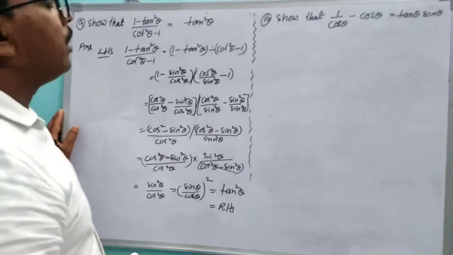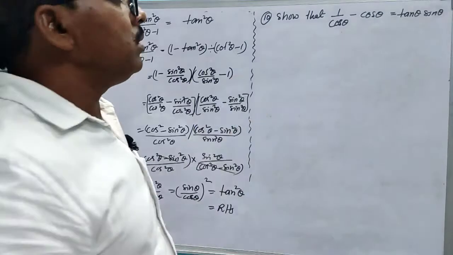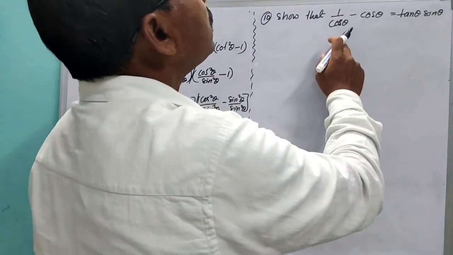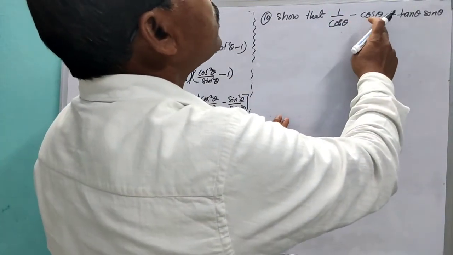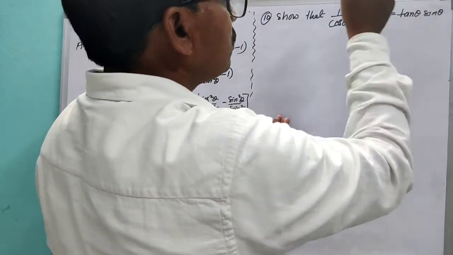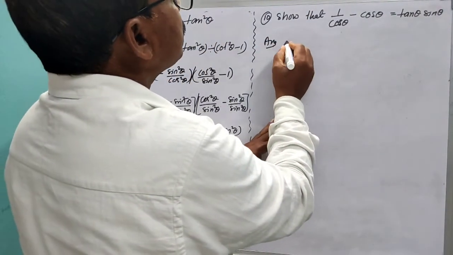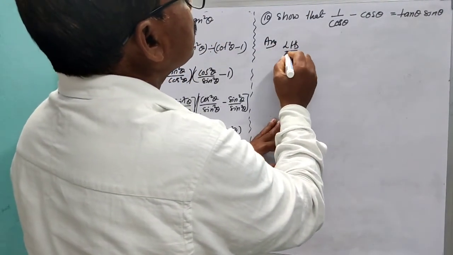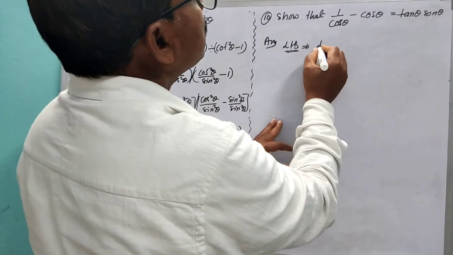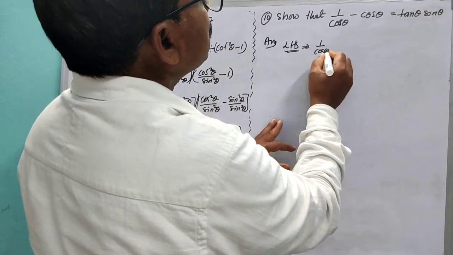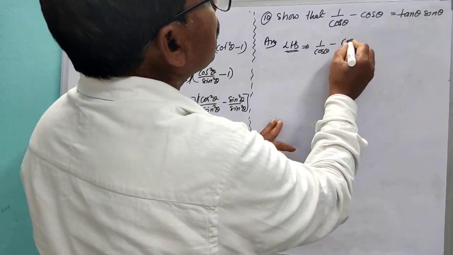Now 10th example: show that 1 by cos theta minus cos theta is equal to tan theta into sin theta. So take LHS. What is LHS? 1 by cos theta minus cos theta.